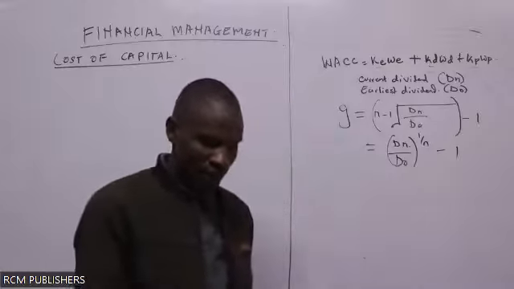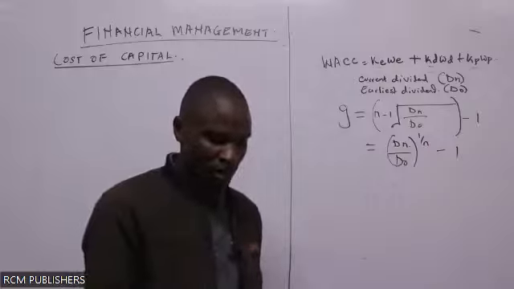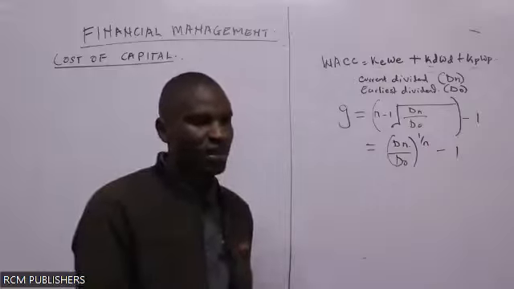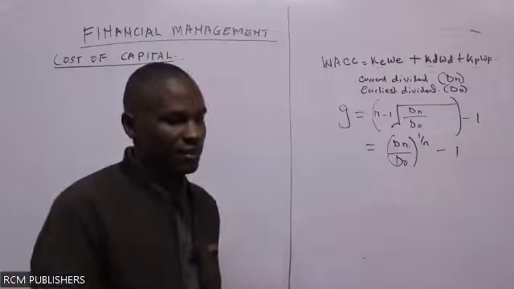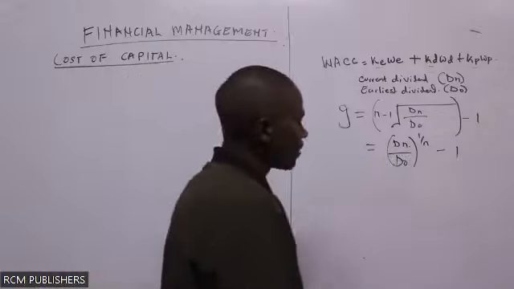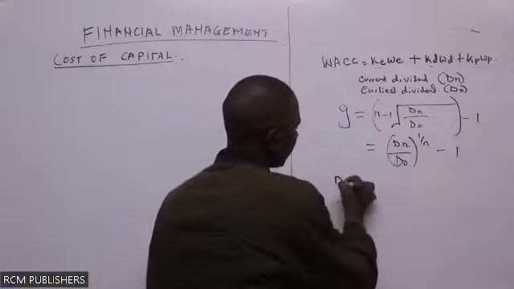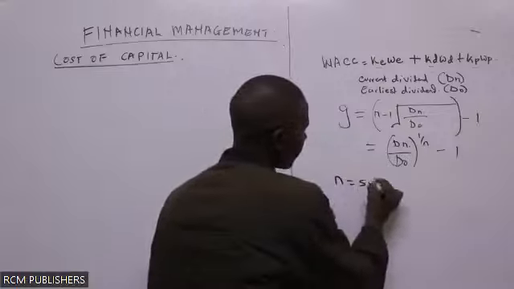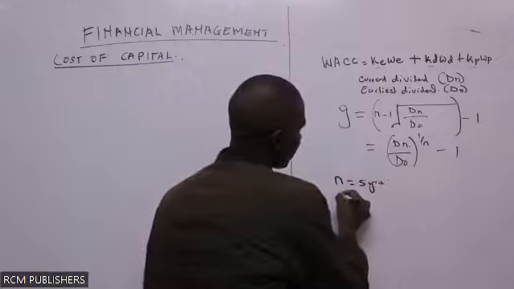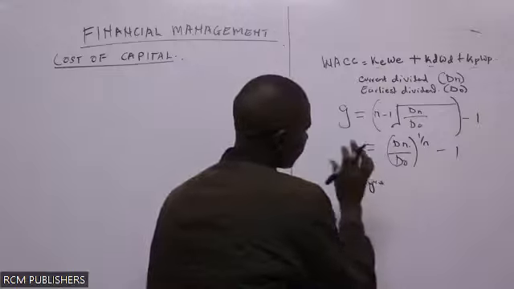How many years is that? These are 5 years. Therefore, we have everything. We have n. N is 5 years.